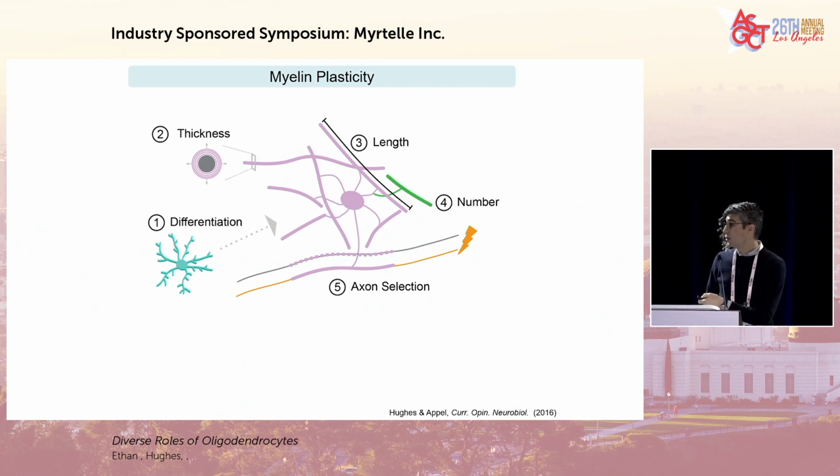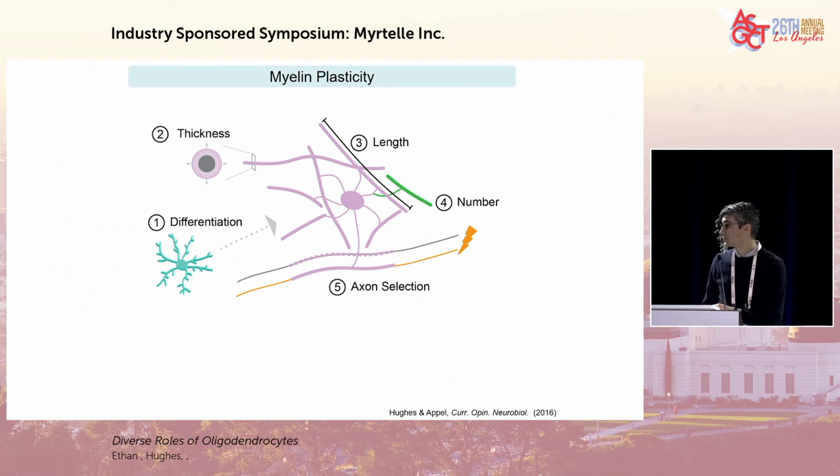Also, neuronal activity and changes to neurons can change myelin thickness, or the number of myelination wraps. They can also modulate the length of the myelin sheath itself, or even the number of myelin sheaths that an individual oligodendrocyte can make.